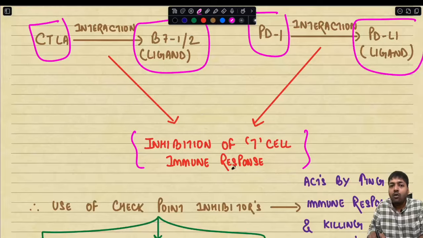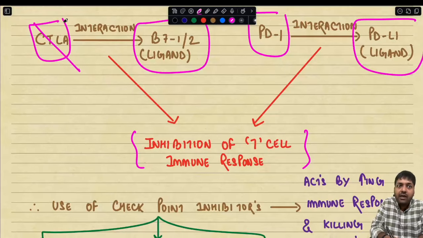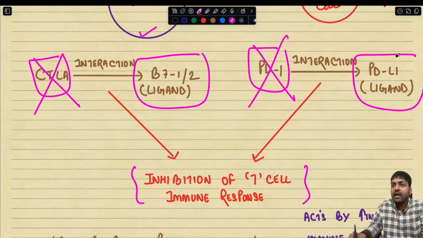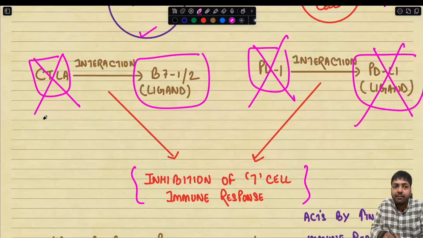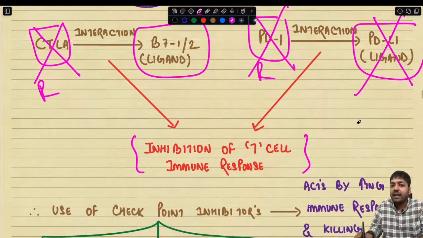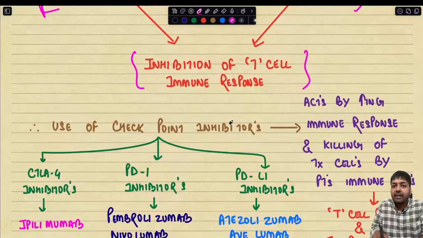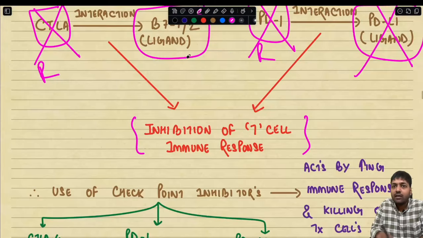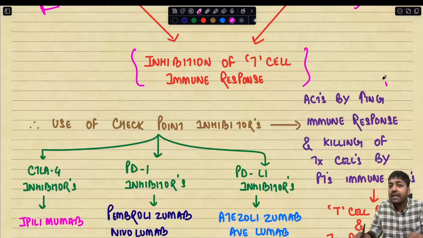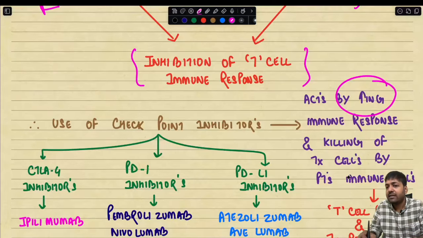Now if we block these receptors or this ligand, the checkpoint inhibitors will act by increasing the immune response, thereby facilitating the killing of tumor cells by the patient's immune cells via T cell response and tumor regression.